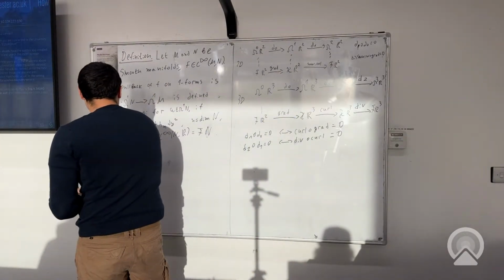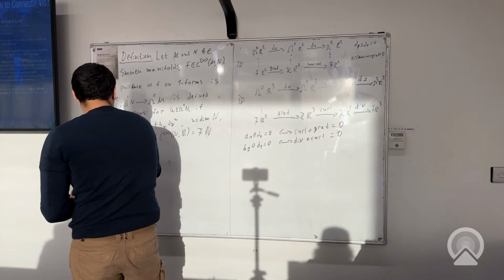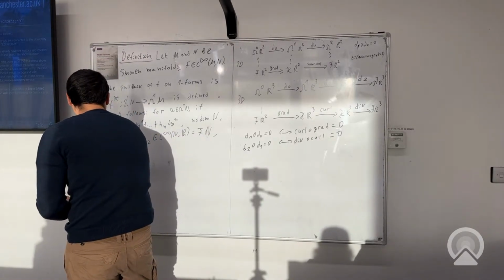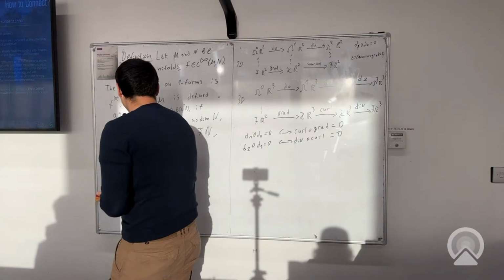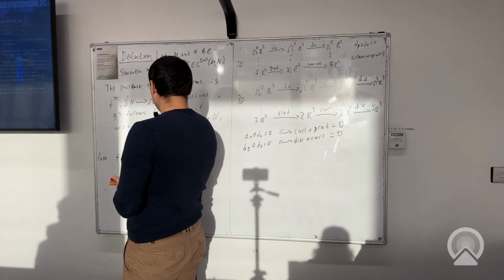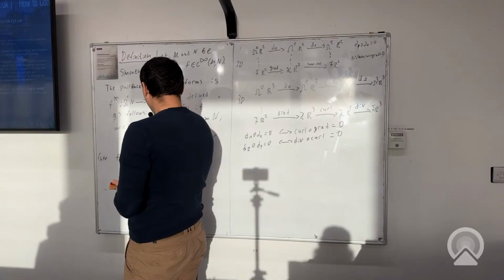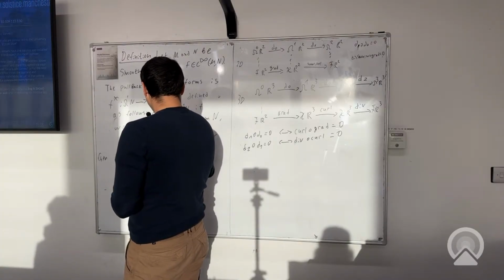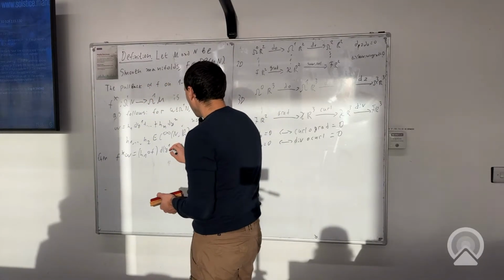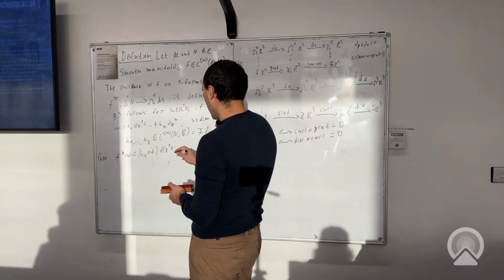Then F star omega is h1 composed with F times dy1 composed with F, and so on up to hn composed with F times dyn composed with F. I don't know why I'm using upper indices; it doesn't matter, I will not be very careful about that.